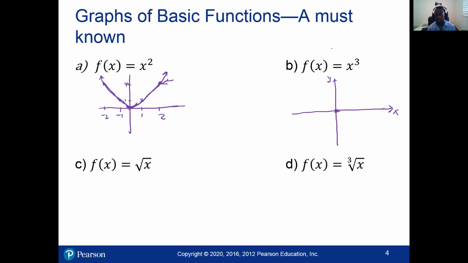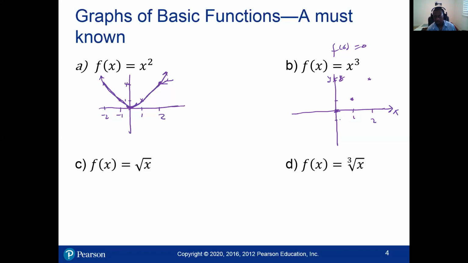If you evaluate f of 0, you get 0. So that's the point here. Now if x is 1, you also get 1. If x is 2, this is 8, because 2 cubed is 8. So x is 2, it goes to 8. Okay, so that's the point.